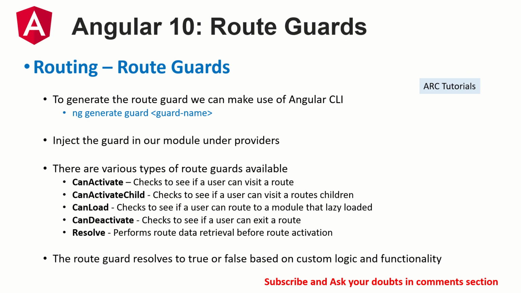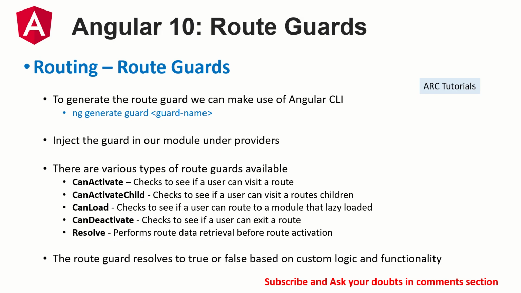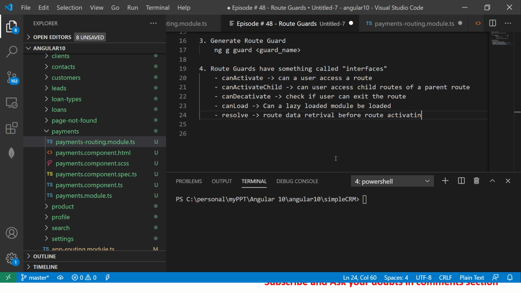It performs route data retrieval before route activation. That means retrieve all the data before you actually redirect. Like, what should you do before activating a particular route? That's what resolve means.